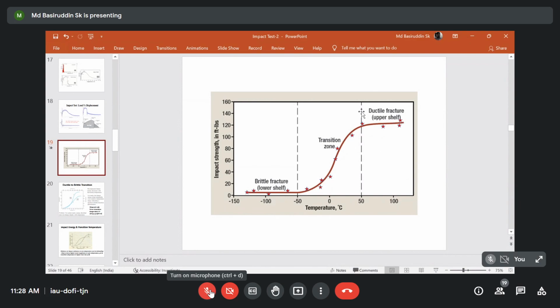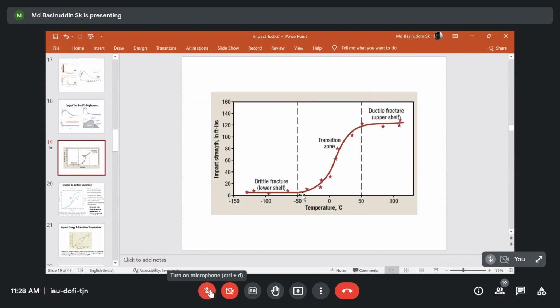And here if you look at this graph very carefully, you will find that beyond a certain temperature the curve will flatten. That particular region is called the upper shelf region, where the fracture is more or less ductile. Below that critical temperature, the change from ductile fracture to brittle fracture will happen, and that will be reflected on the fracture surface.